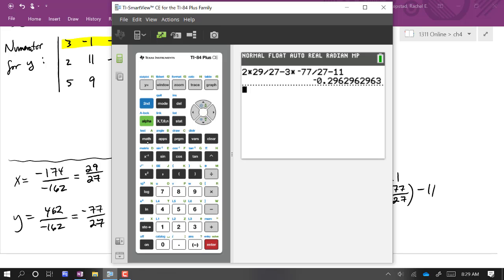Oh, that looks better. Let's see. Okay, so we get negative 8 over 27.